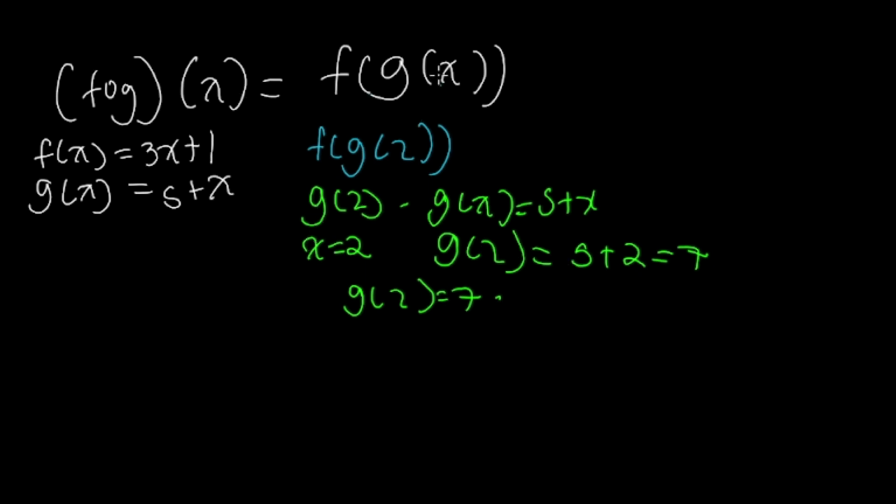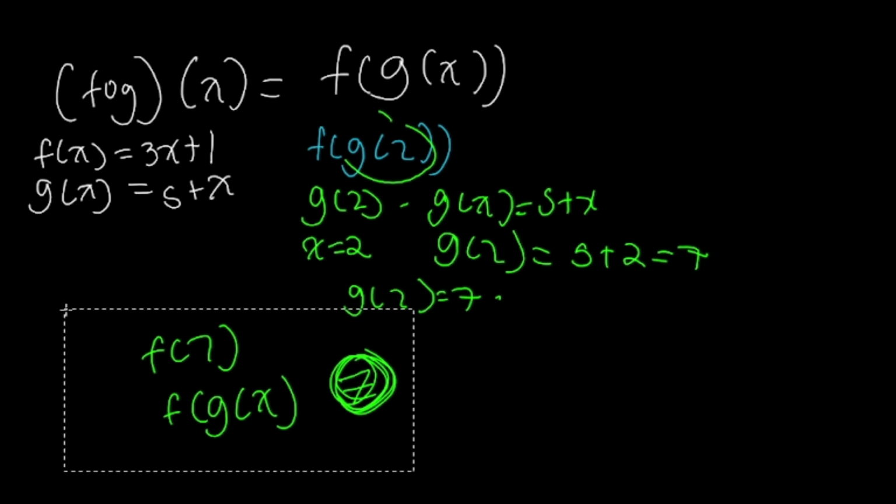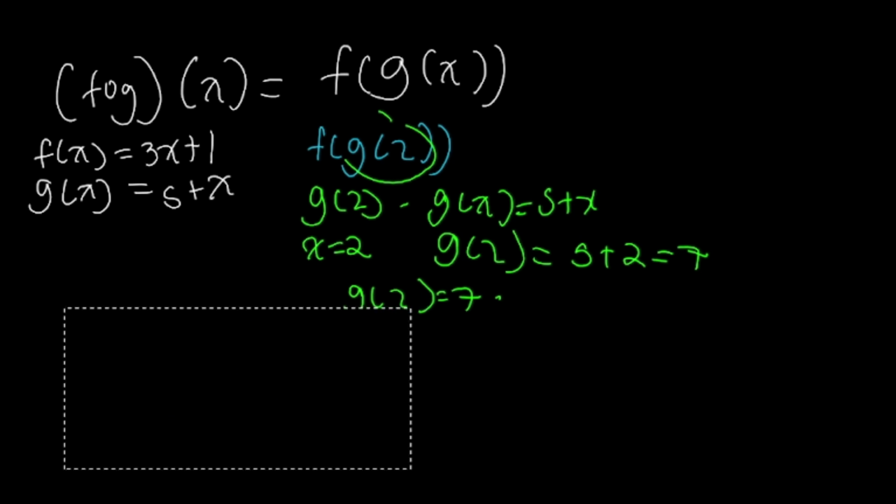So for this part, we'll just say f of 7. As you can see, we've changed the f of g of x. They told us to find f of g of 2, and g of 2 was solved, so it's replaced by 7. Now we solve for f of 7.